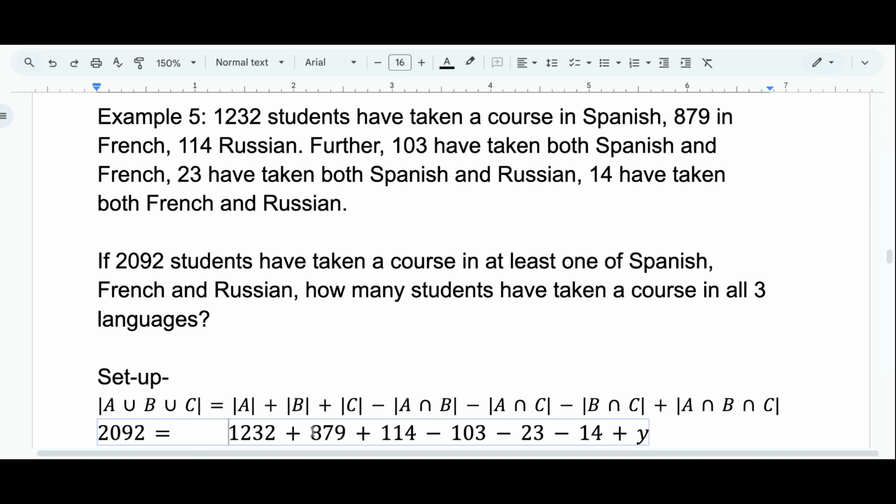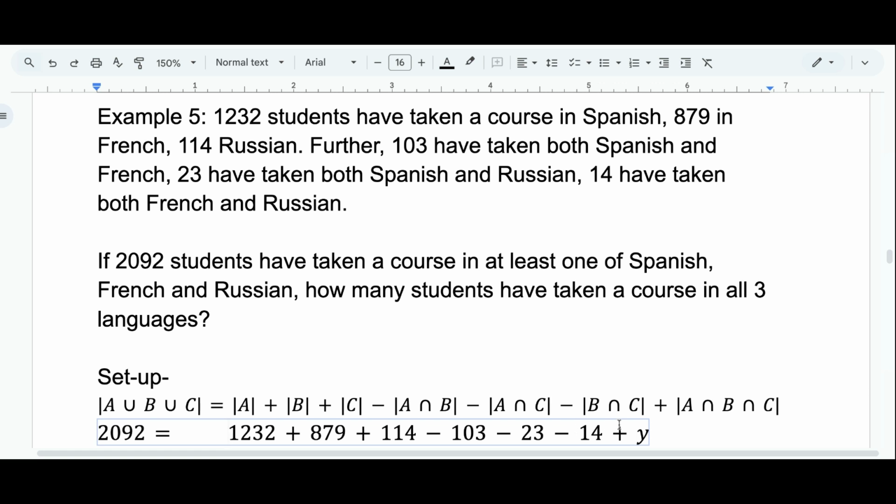B is representing French, that's 879, and C is Russian, is 114. Then we subtract off the intersection. So A and B, that's Spanish and French, that was 103. Then A and C, that's Spanish and Russian, that's 23. And then B and C, that is French and Russian, that was 14.